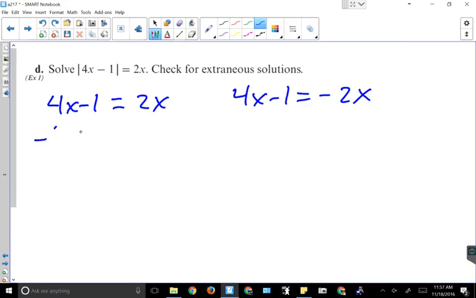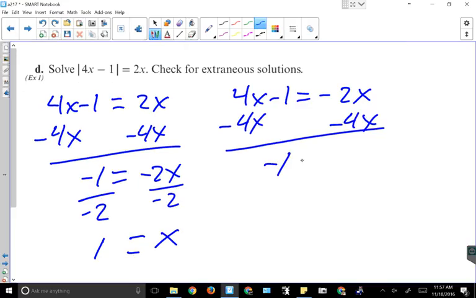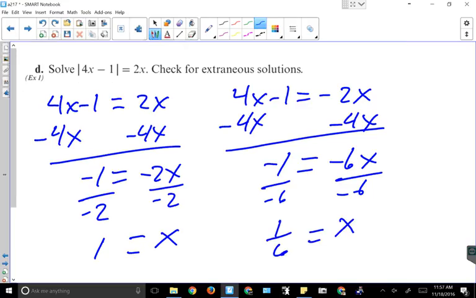Subtract 4x to both sides, that gives me negative 1 is equal to negative 2x, divide by negative 2, 1 is equal to x. Subtract 4x, subtract 4x. Negative 1 is going to be equal to negative 6x, divide by negative 6. So 1/6 is equal to x.